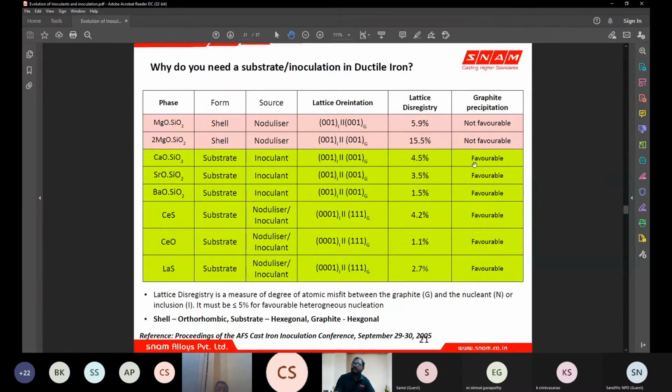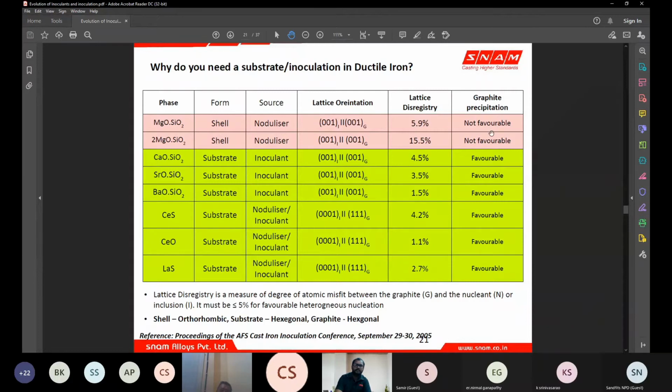So you see here, all these green colored substrates, which generally come from inoculating elements, have a favorable platform. That means without these inoculating elements, the compound which is formed out of magnesium treatment is unfavorable for the carbon to deposit and convert into graphite.